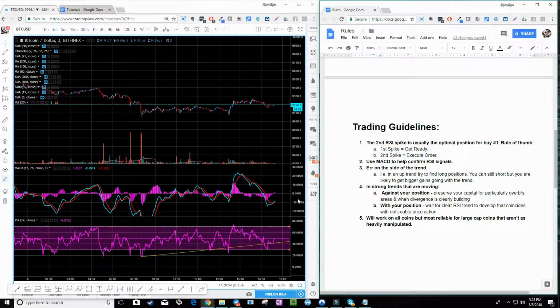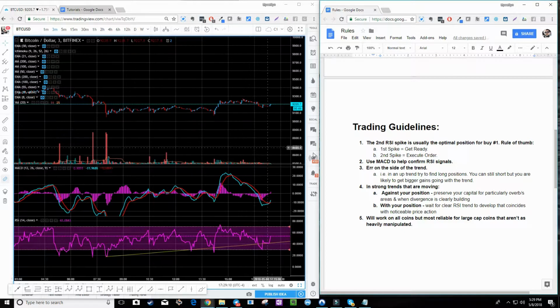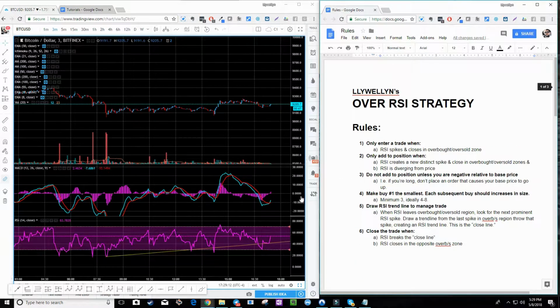You know, hey, it's really overbought. Going long here probably isn't a good idea. RSI is really overbought, I don't think I'm going to buy into this. That's the kind of line of reasoning this will help you with.